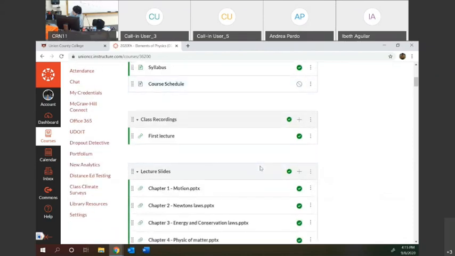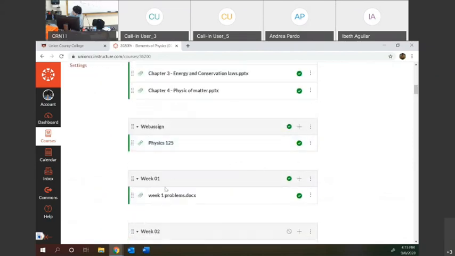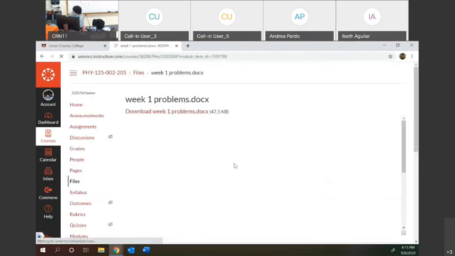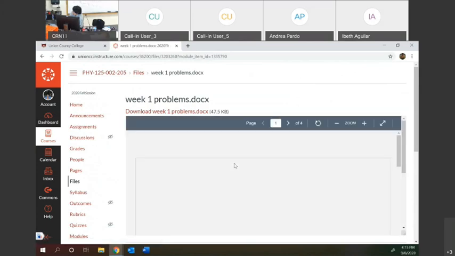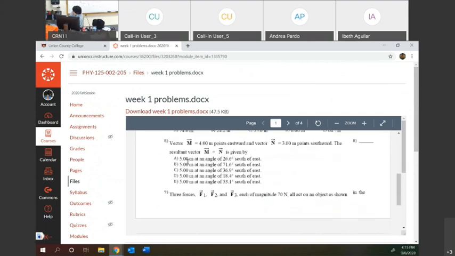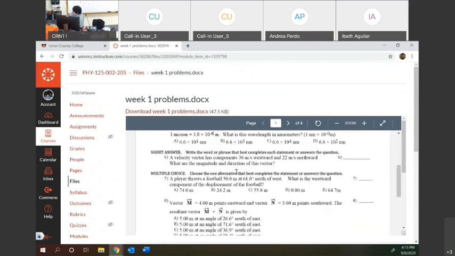If you decide to do the extra credit, after the conversion of units we have a few problems where you have to add vectors. For example, this one is pretty simple. Let's try to do this so we can start going into motion.